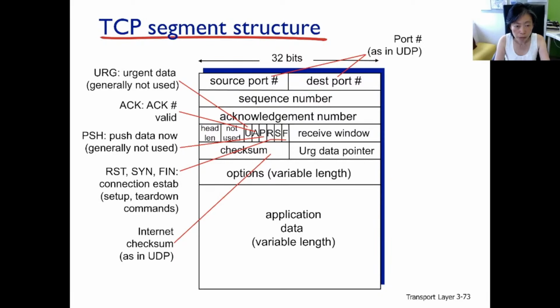And we said that these are not used, so there are a number of bits not being used. But the fact is, actually, there are two more bits being used. They're called the C bit and the E bit. Now, these two bits are not really for reliable data transfer service, not for connection management purposes. They're actually there for congestion control.